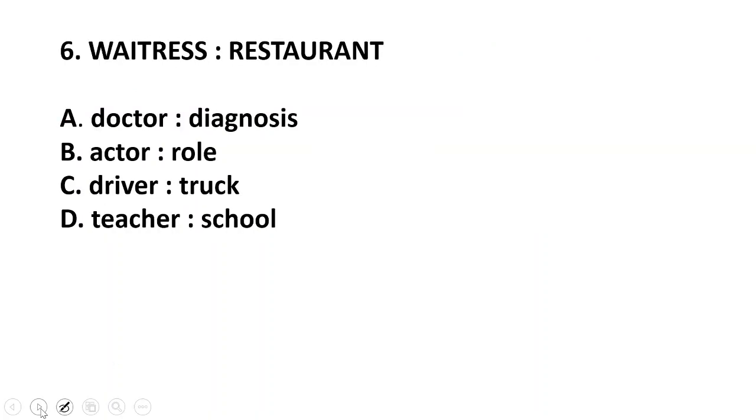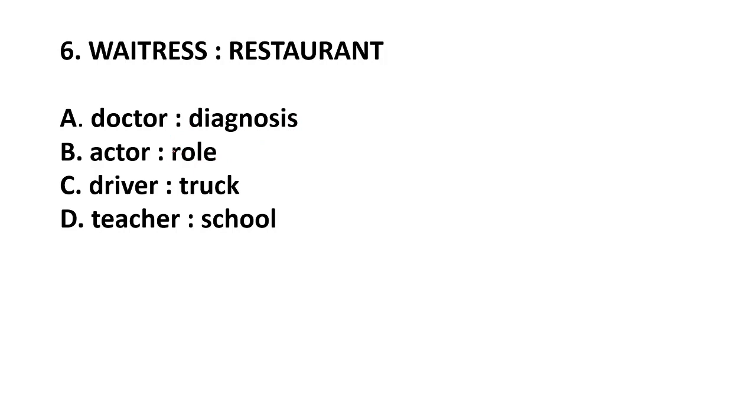Let's do it a little faster, you will understand. Waitress, restaurant. So a waitress works in a restaurant. Which other pair is similar to this? Doctor, diagnosis; actor, role; driver, truck; teacher, school. Now a doctor does diagnosis.